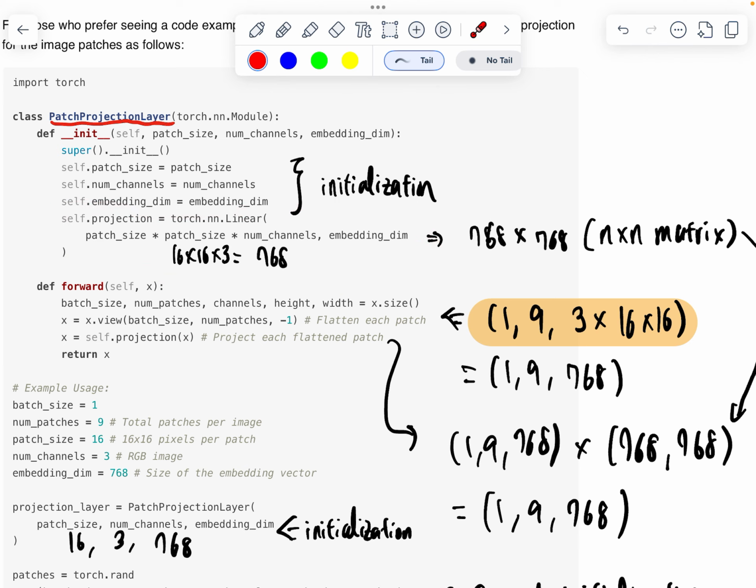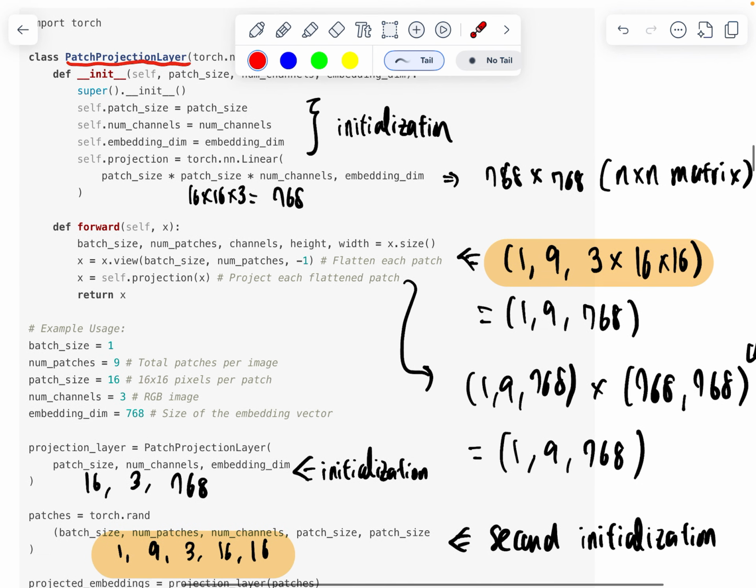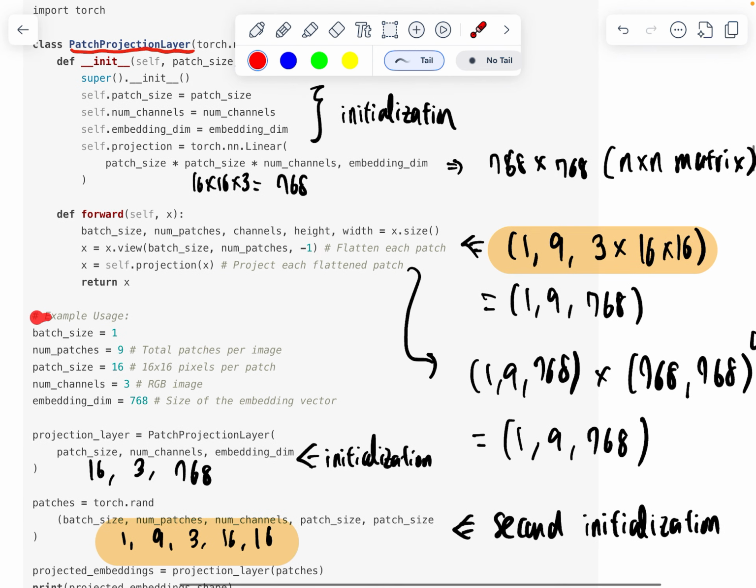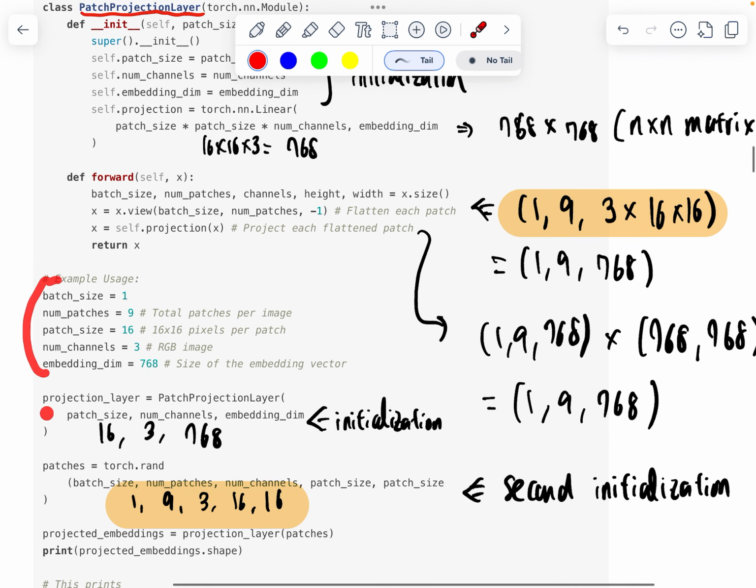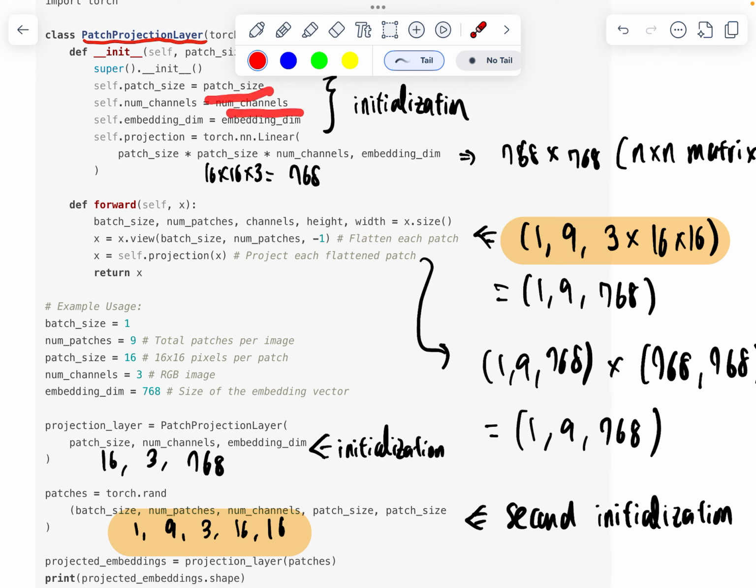And if you see here, the patch size is 16, and then the number of patches is 9. So in the example usage, they're defined here, and then the projection layer is defined as such. So you feed in patch size, number of channels, and embedding dimensions, 16, 3, and 768, right? So this is initialization part 1.